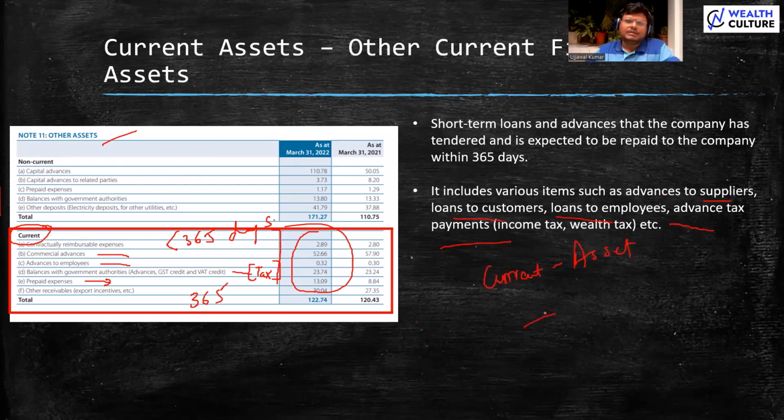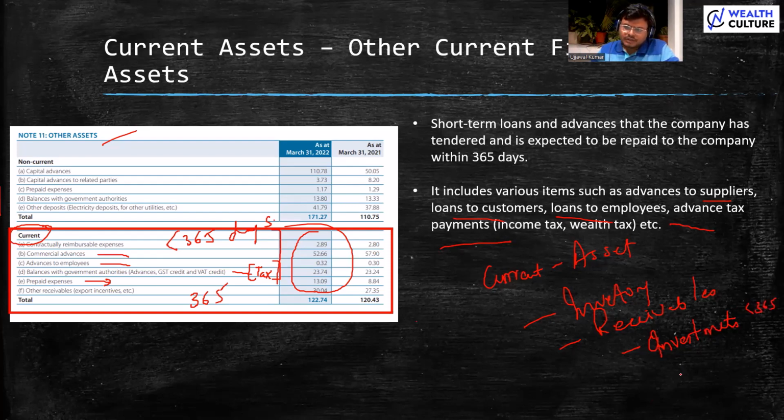Just to recap, inventory is one of the biggest items. Receivables, trade receivables is the other important item here. Then we are looking at current investment, financial assets, investments done less than 365 days.